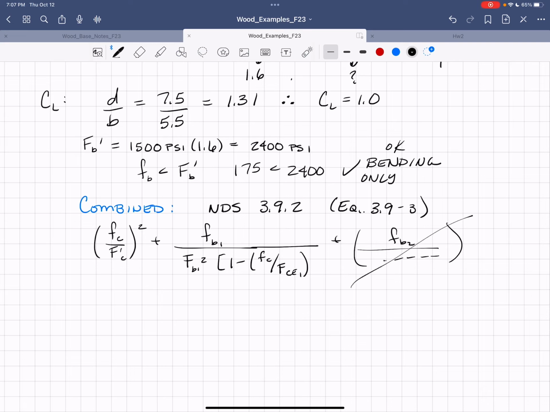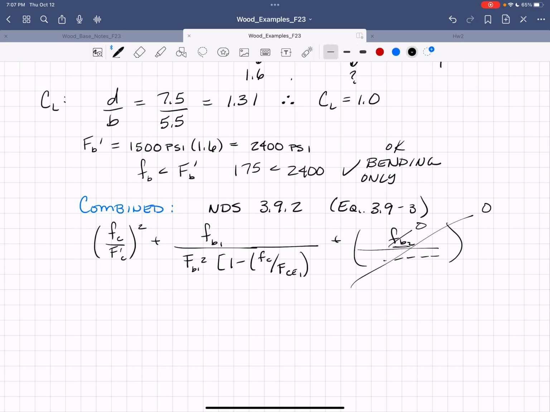But this is 0 because this is bending. We had weak axis stuff, but it was all axial. So f sub b2 is 0 because we didn't have weak axis bending. All of our bending is coming in the strong axis direction. If we had this column with the load we had on there, and I also had one coming into the plane, that's when we would use the rest of that equation. It's just more numbers to keep track of.